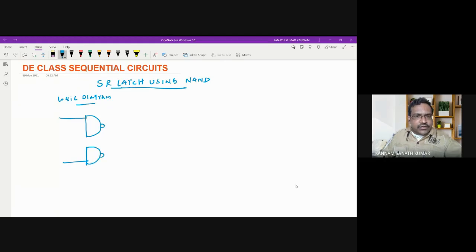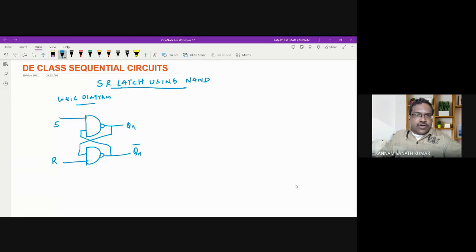This input is fed back to the input of this NAND gate, and this input is fed back to the input of this NAND gate. So here you can write S and R, whereas in the NOR latch you should write R and S. This is Qn and this is Qn bar.